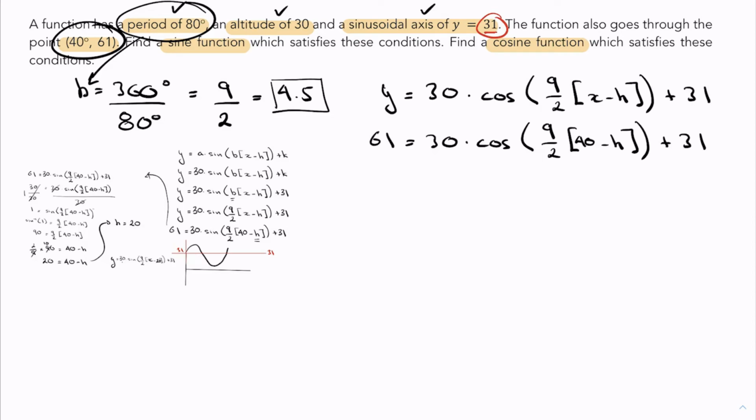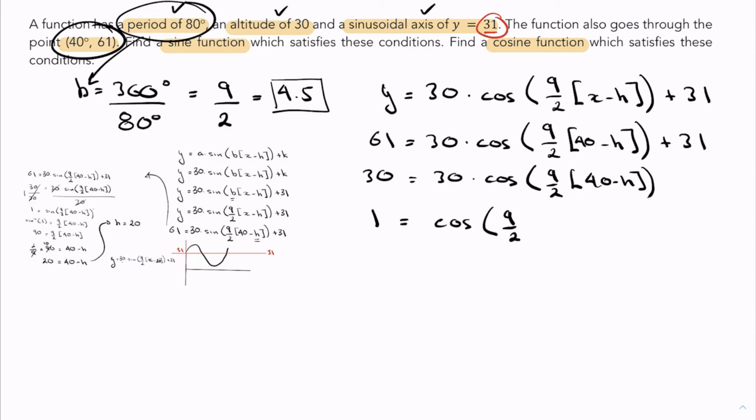So bring the 31 over, I get 30 equals 30 times cosine, 9 over 2, 40 minus h, close bracket. Divide by 30, I'm going to get 1 equals cosine, 9 over 2, 40 minus h, close bracket.